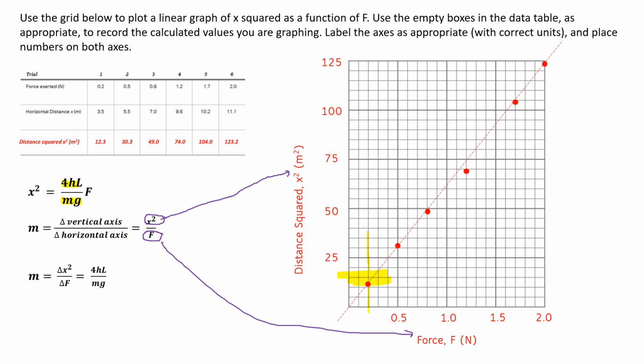However, it says delta vertical axis over delta horizontal axis. So all we can do is rewrite the equation as delta x squared over delta F, if I'm moving this to the other side, is equivalent to 4HL over mg.